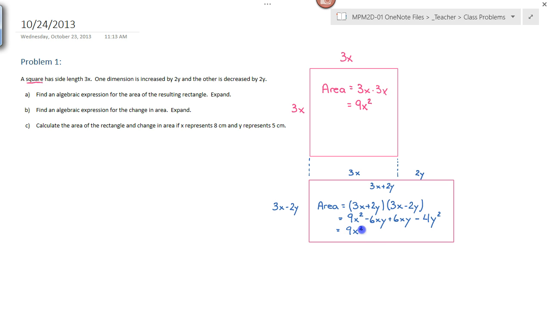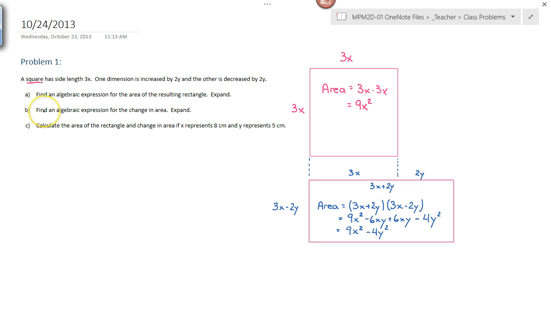So we have 9x squared minus 4y squared. Note, this is a difference of squares situation. So we now have an algebraic expression for the area of the resulting rectangle, which would be right here. So if this is our initial square with an area of 9x squared, this is the area of the resulting rectangle, and we've expanded this.